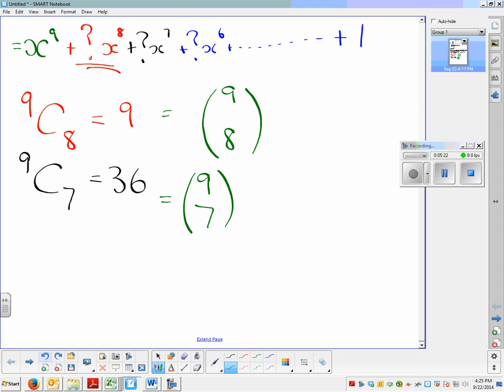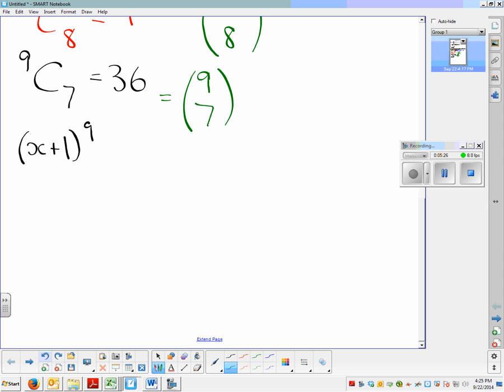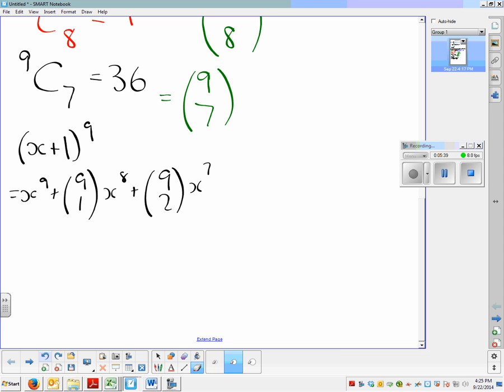So that means if we're doing x plus 1 to the 9, I can write the whole thing out. It's going to be x to the 9 plus 9 choose 1, x to the 8, plus 9 choose 2, x to the 7. Nope, let's not write it like that. That's probably going to confuse you.